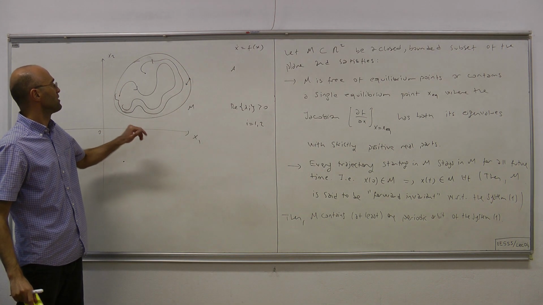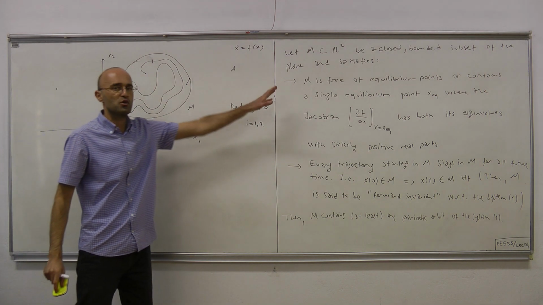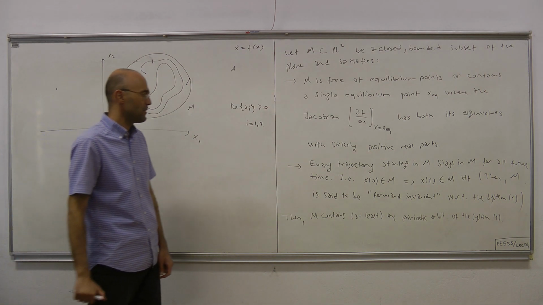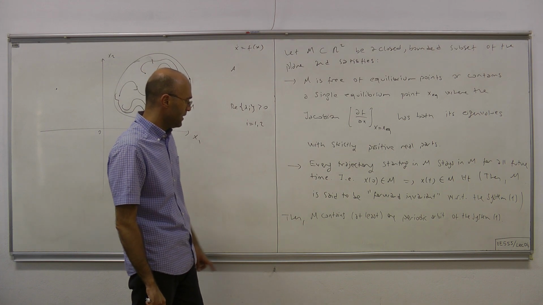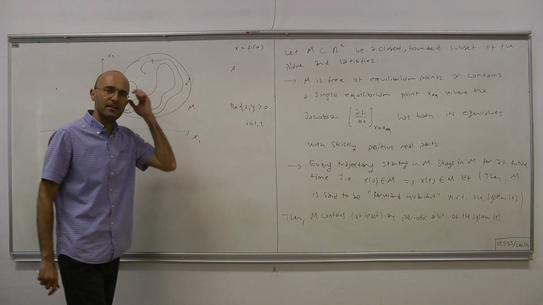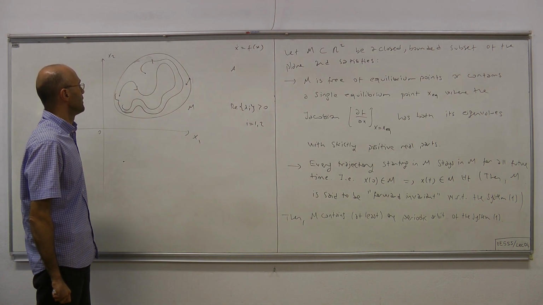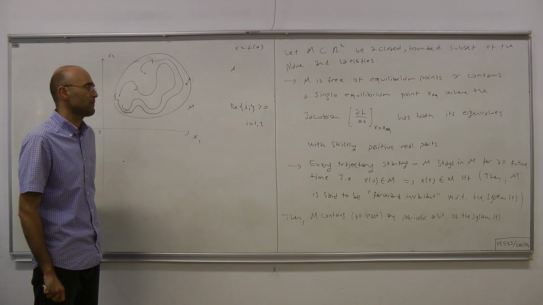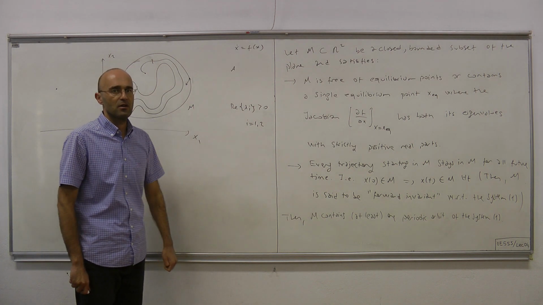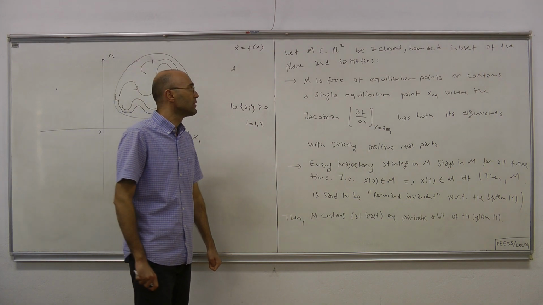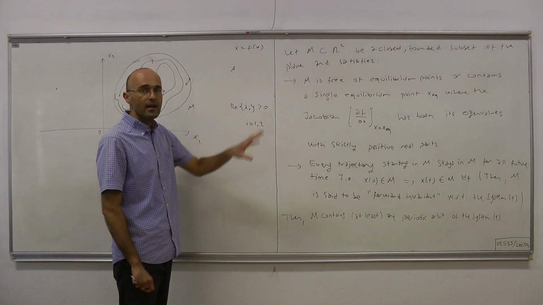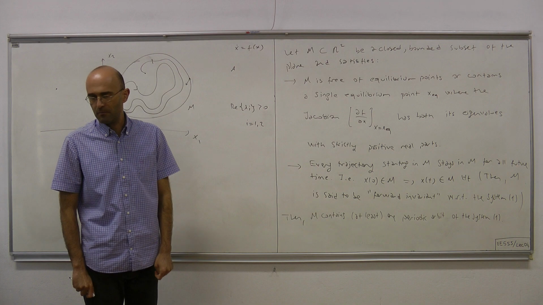So if M is forward invariant and the first condition is satisfied, then Poincare and Bendixson proved that M must contain at least one periodic orbit of the system x dot equals f of x. Next lecture we will apply the theorem to a nice but simple example.